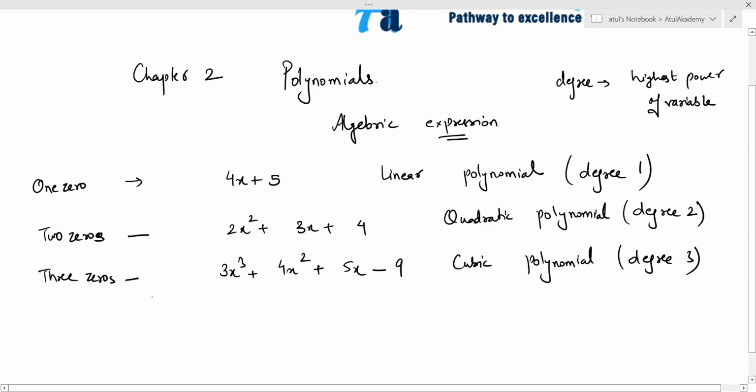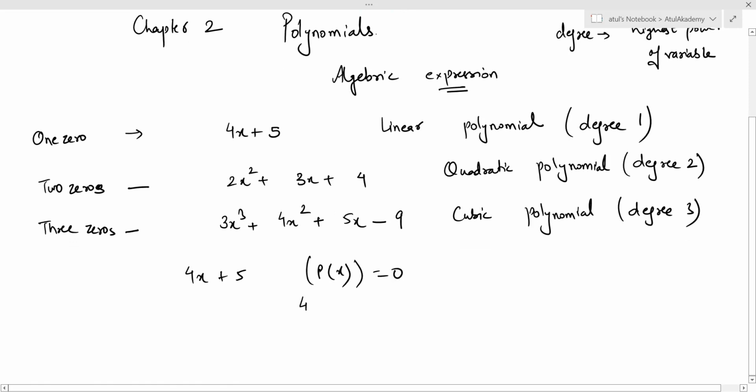If you substitute the value of x, the value of p of x should come out to be 0. So for 4x plus 5, to get that equal to 0, 4x plus 5 should be equal to 0. So x is minus 5 by 4.